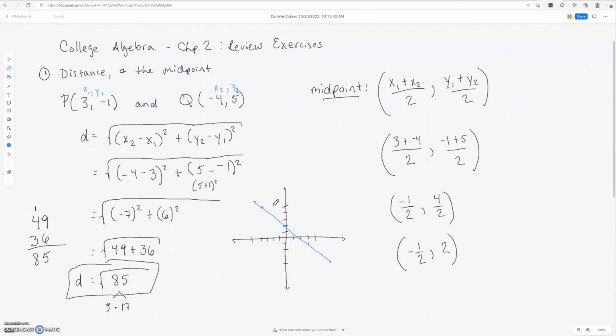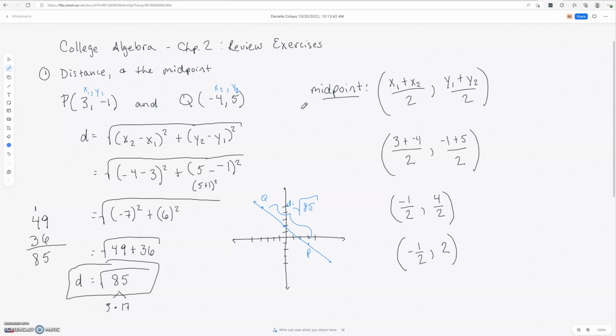And then the distance between this point Q and this P is going to be the square root of 85. Okay, so that's that first example. All right, and then we can practice another one if you would like.